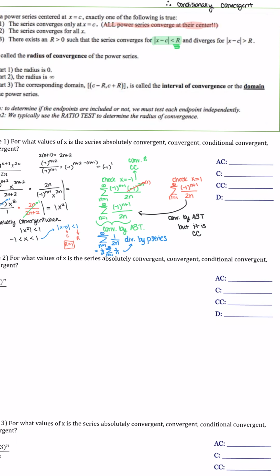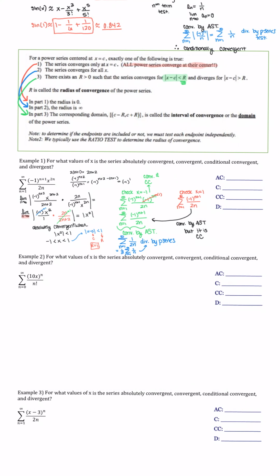So now let's put all of this together for example 1. So where is the series absolutely convergent? It is absolutely convergent when negative 1 is less than x is less than 1. But it's convergent, just plain old convergent, from negative 1 less than or equal to x less than or equal to 1. It is conditionally convergent at these two endpoints, negative 1 and 1.